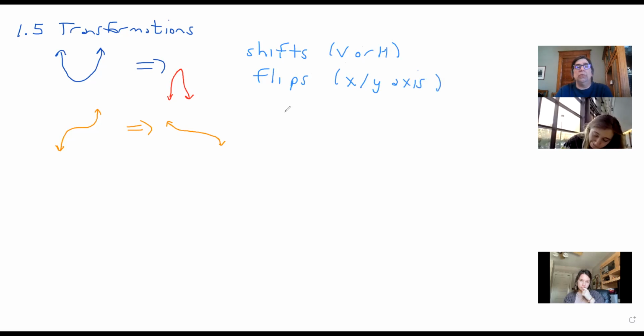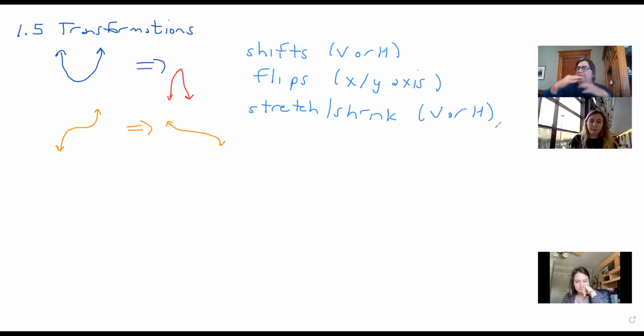Or you could do stretching or shrinking, and once again, that can be described vertically or horizontally. So when I'm sitting here doing all these weird hand motions, you can kind of understand what's going on with the function. Trying to do it on a particular graph or with a particular equation is hard to relate to sometimes.